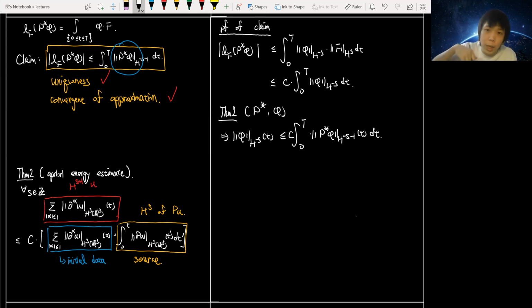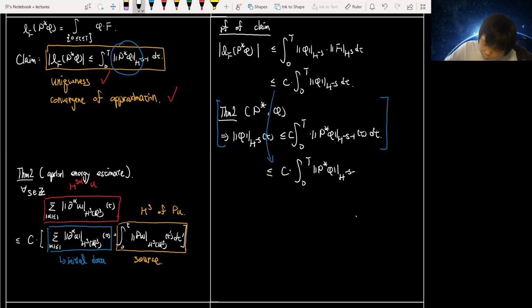Therefore, there will be no initial data. So this is what we get from theorem 2. Use that, we continue the argument: it is bounded by C times the integral from 0 to T of the H minus S minus 1 norm of P star phi, dt. And this finishes the proof of the existence as well as uniqueness of the solution.